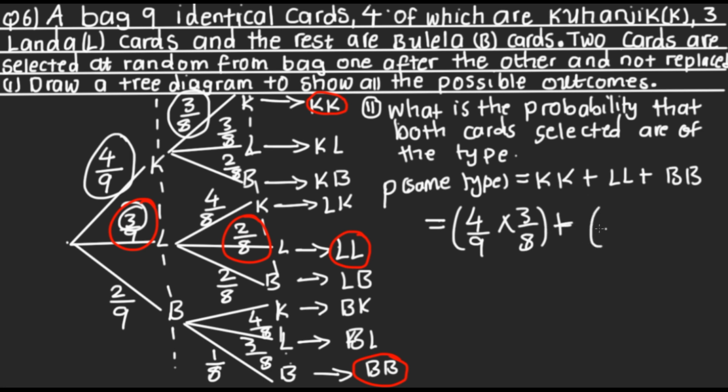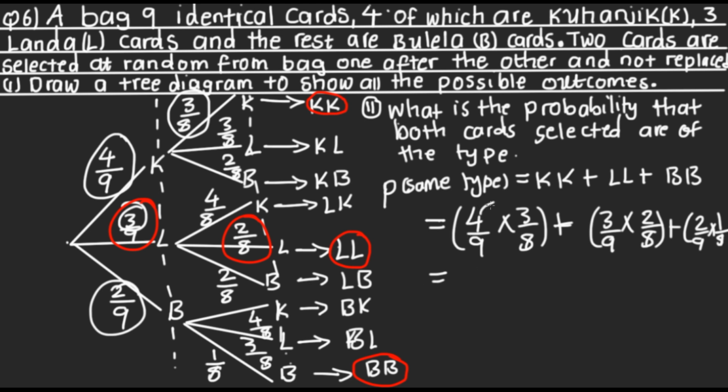So the pattern is 3 over 9 times, as long as they are the same letters, what is the number less than 3 by 1? It's 2 over 8. Plus then for B it will be 2 over 9 times 1 over 8.